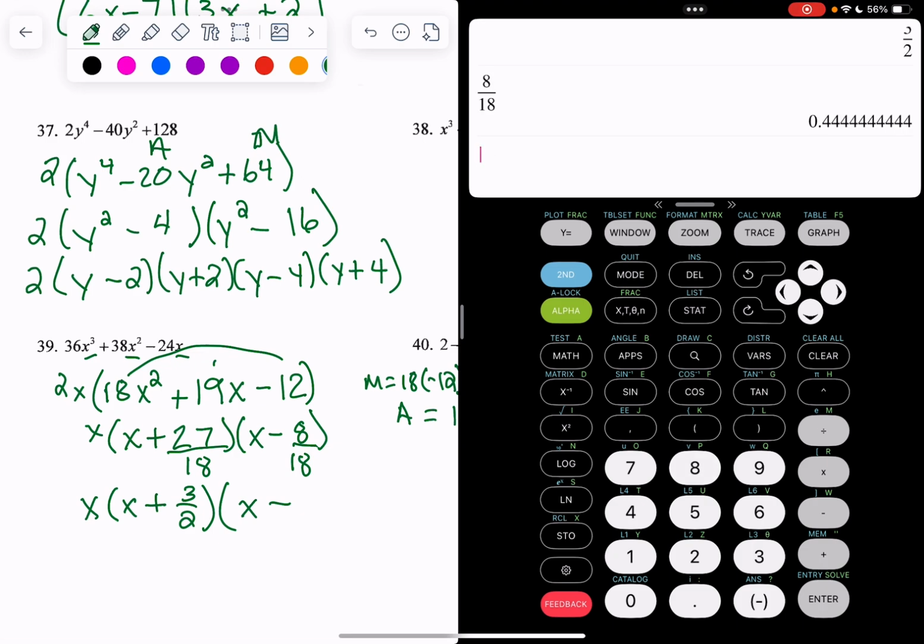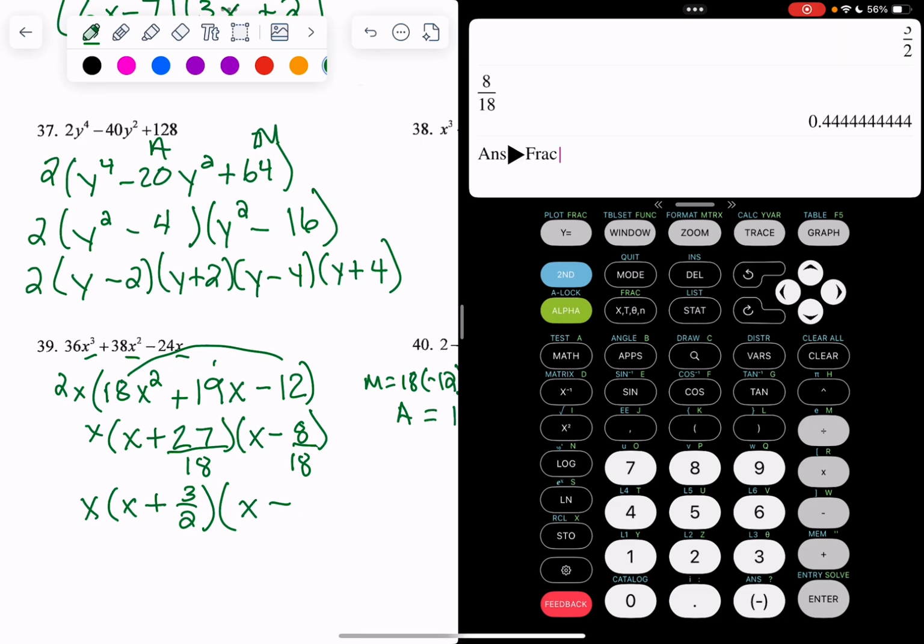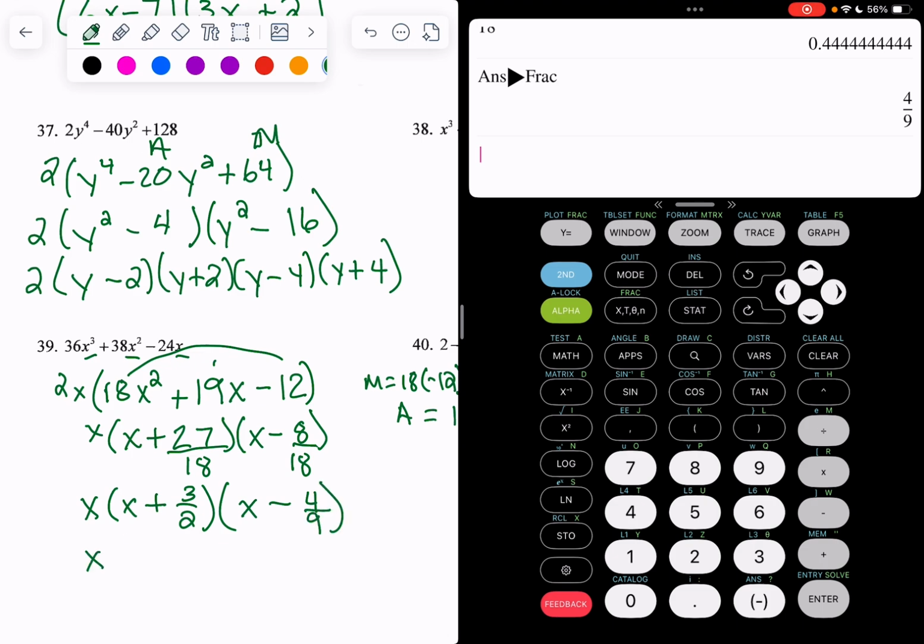Oh, 0.44444. I know that. That's 4/9. Perhaps that's a show off. Math, fraction. It's 4/9, and this one's 4/9. Okay, so I have x, 2x plus 3, and 9x minus 4.